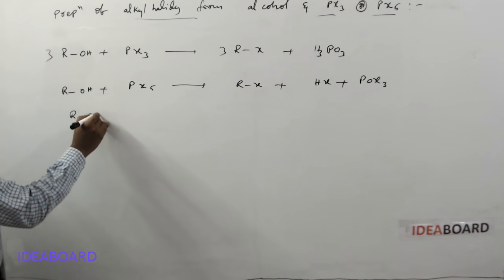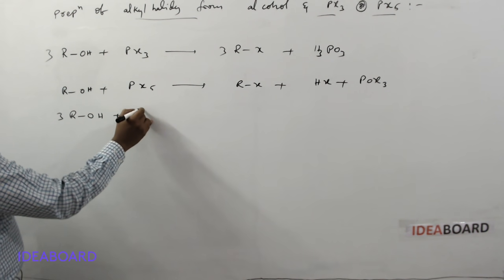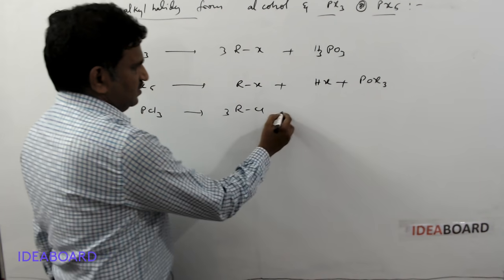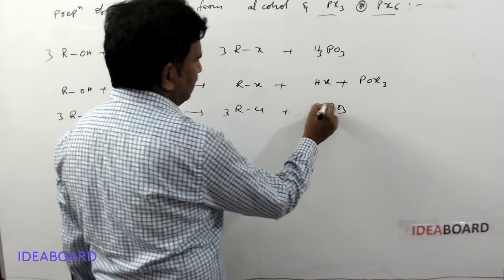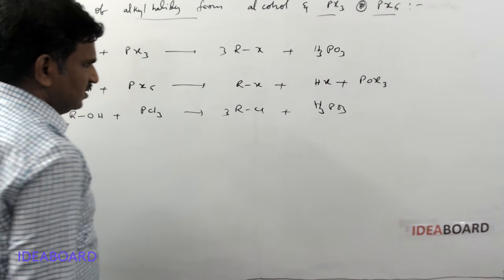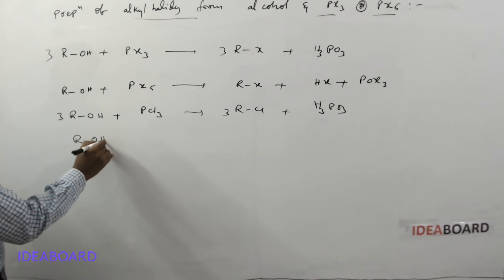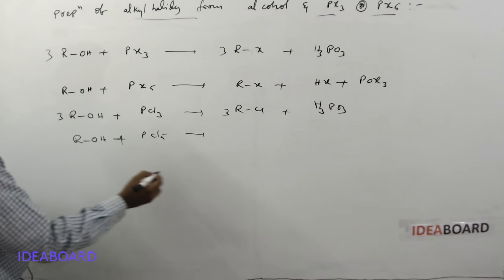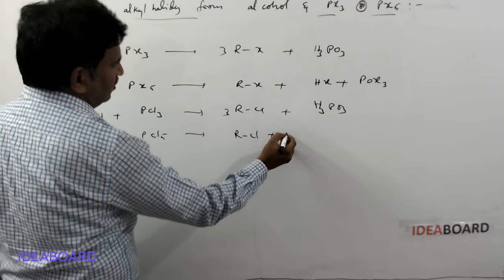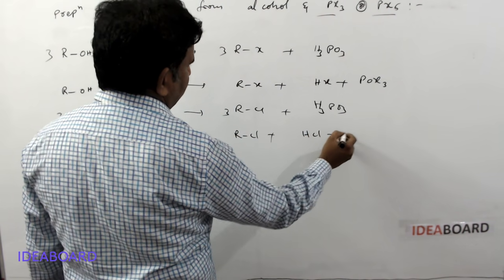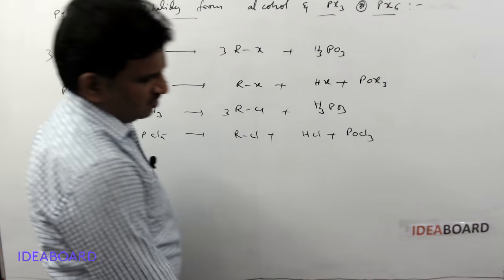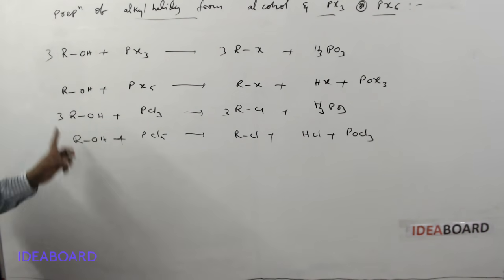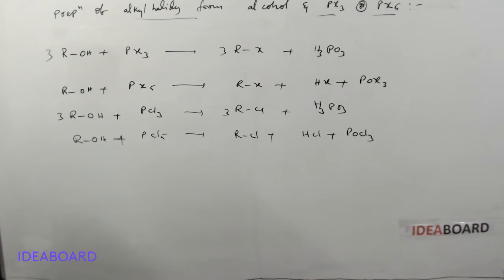Simply, ROH plus PCl3 gives RCl plus H3PO3. And ROH plus PCl5 gives RCl plus HCl plus POCl3, phosphorus oxychloride. These are the products for alcohol on reaction with PX3 and PX5.